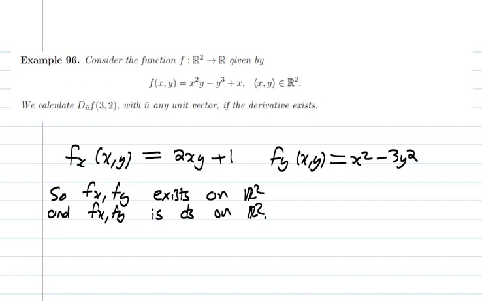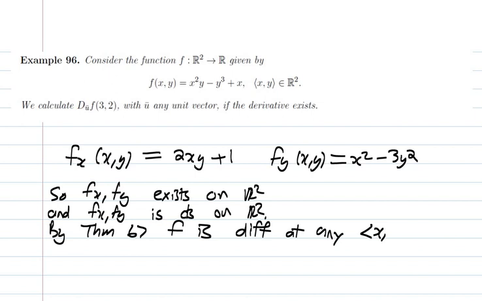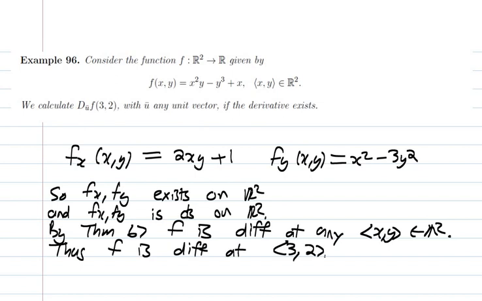So we have four parts here, and this is a reminder that we can then say by Theorem 67, f is differentiable at any 2D vector (x, y). Thus, it is differentiable at the point (3, 2), which is what this question is about.